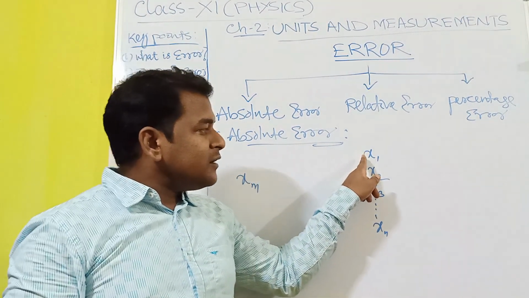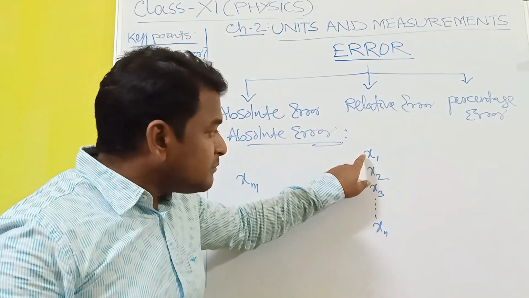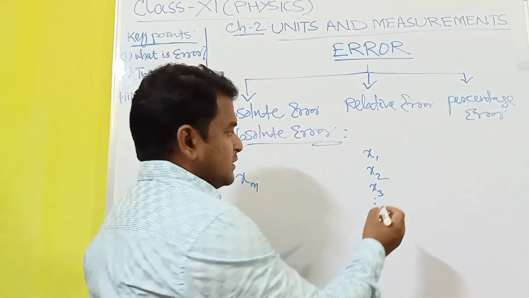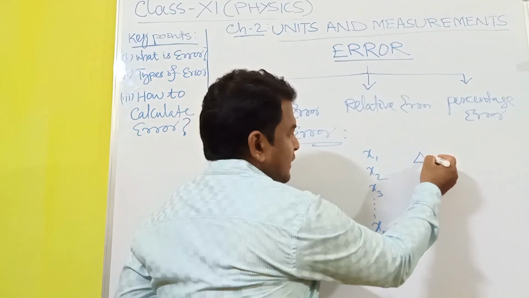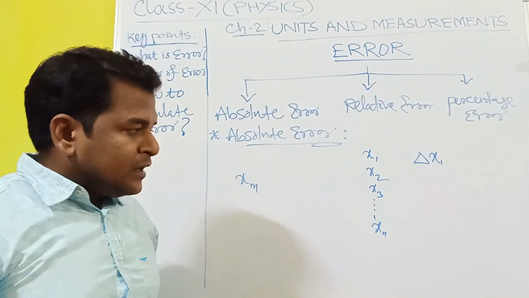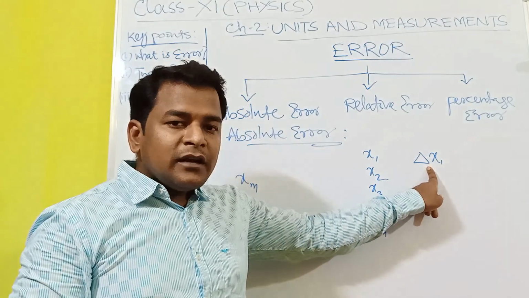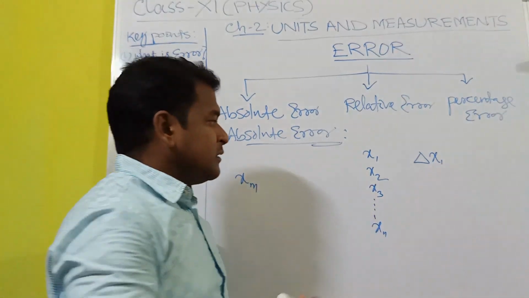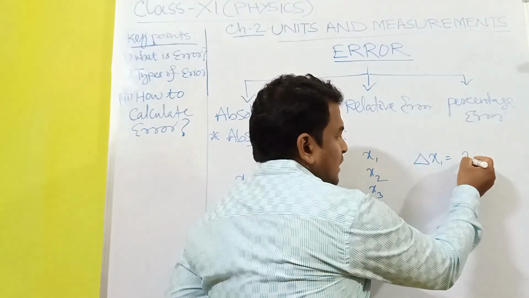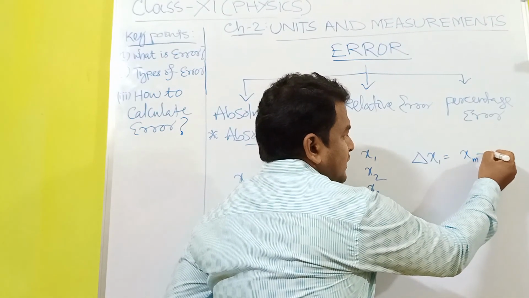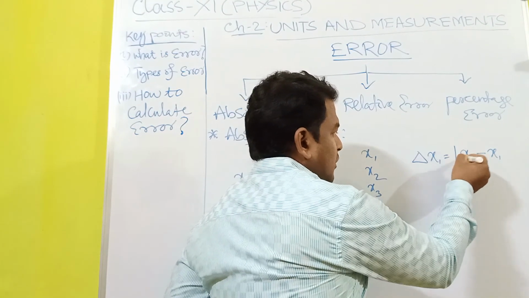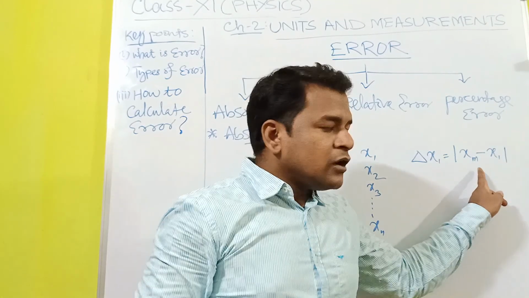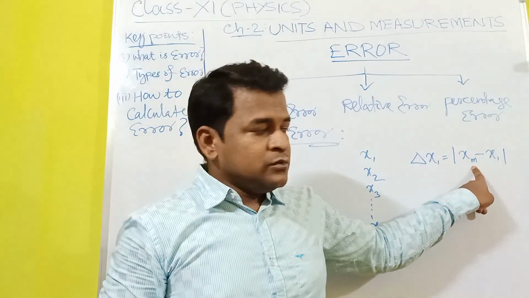The absolute error for the first reading is denoted by the symbol del x1, which is mod of xm minus x1. Mod always gives the positive value.